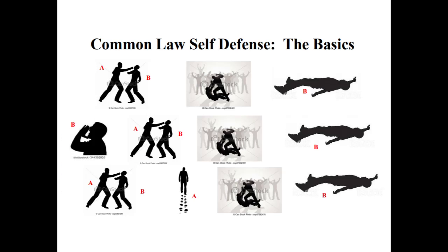So if you turn to the next slide, we're going to consider some possible limits on the defense. Here, we are trying to determine those limits or circumstances in which an individual might be prevented from claiming the defense.